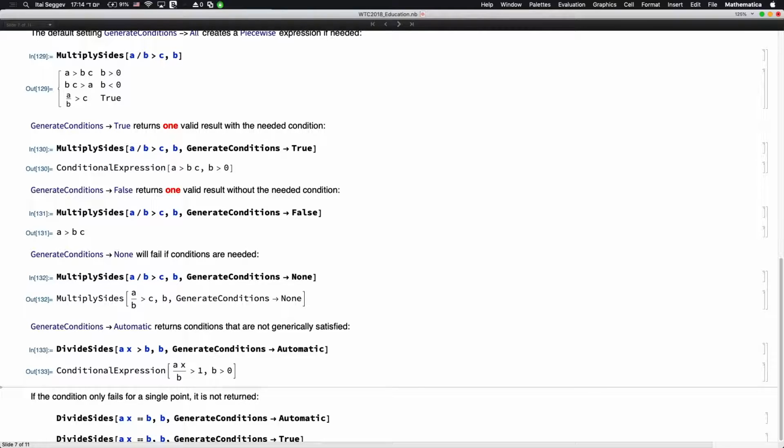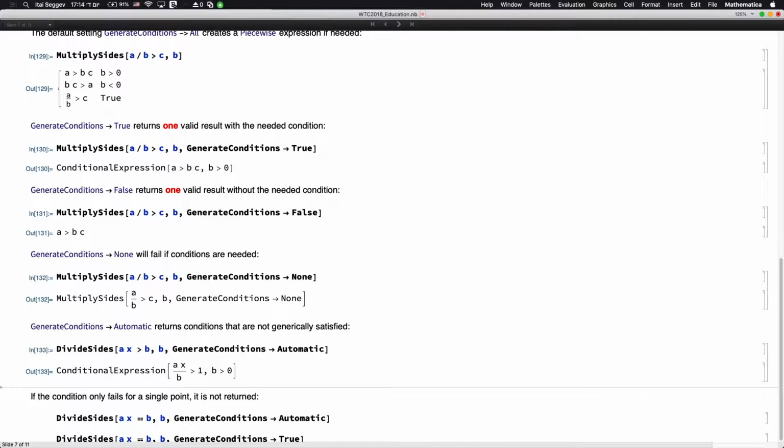Generate conditions going to automatic tries to be a little bit clever. So if you need a quote-unquote non-generic result, a generic result is easier to define. A generic result is one that's true except at single isolated points. Then don't give those.